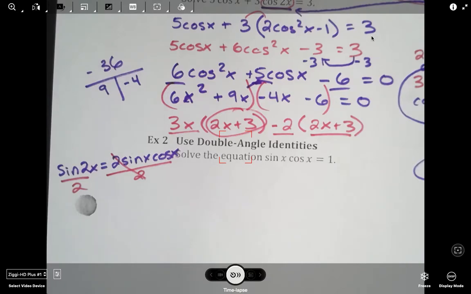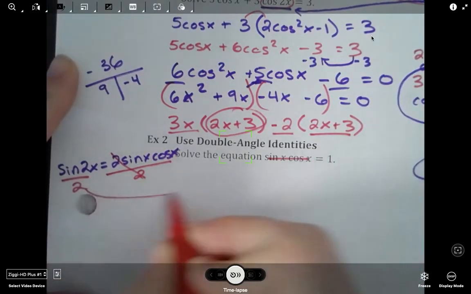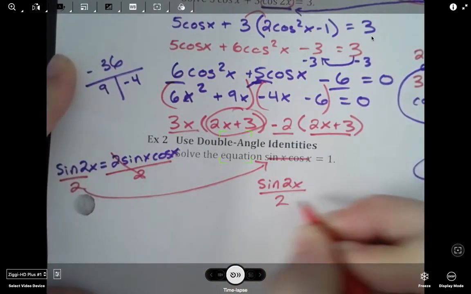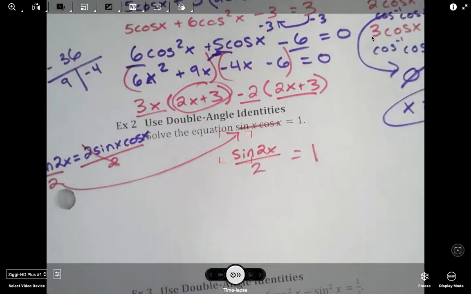Yes, this is like 2xy. So we're going to divide the 2 over to the other side. So sine cosine is equivalent to this whole piece right here. So we're going to take this whole piece and replace the sine cosine. This guy right here becomes that. Sine of 2x over 2 equals 1.